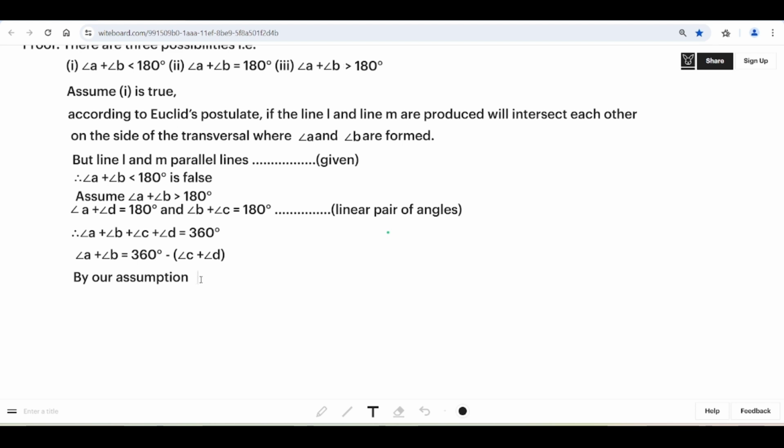By our assumption, 360 degrees minus angle C plus angle D will be smaller than 180 degrees.